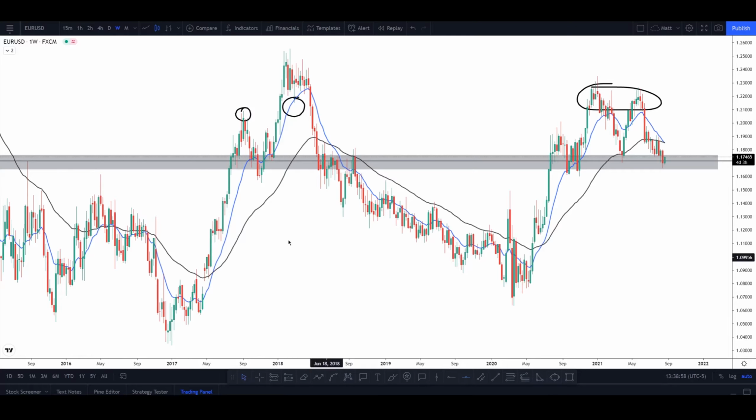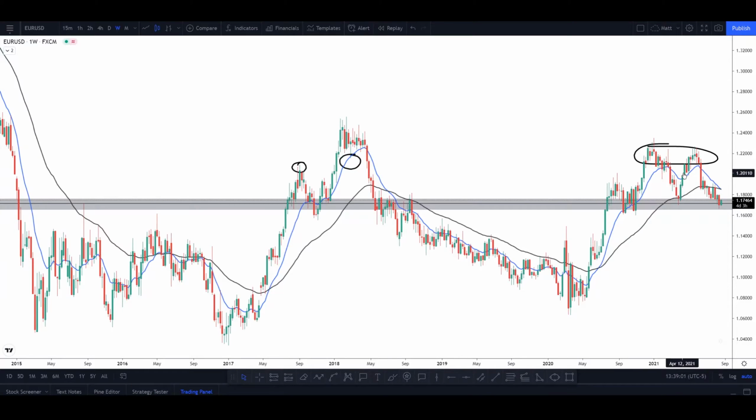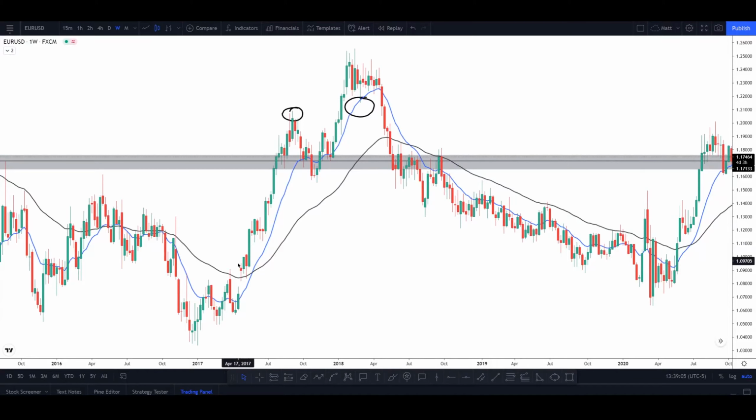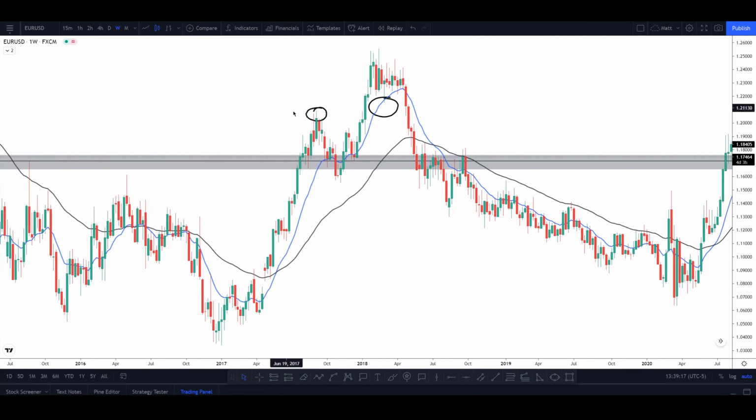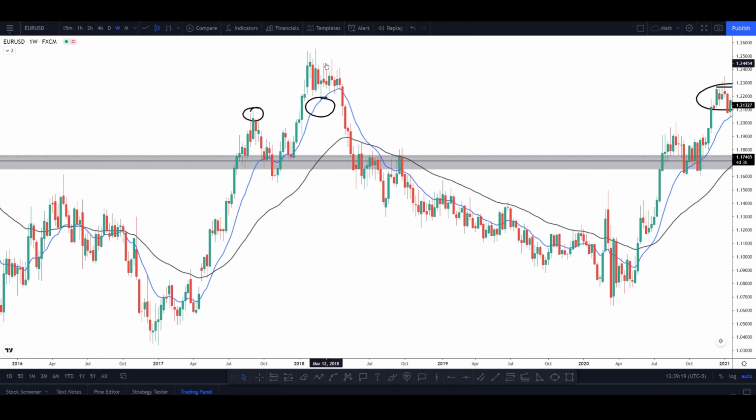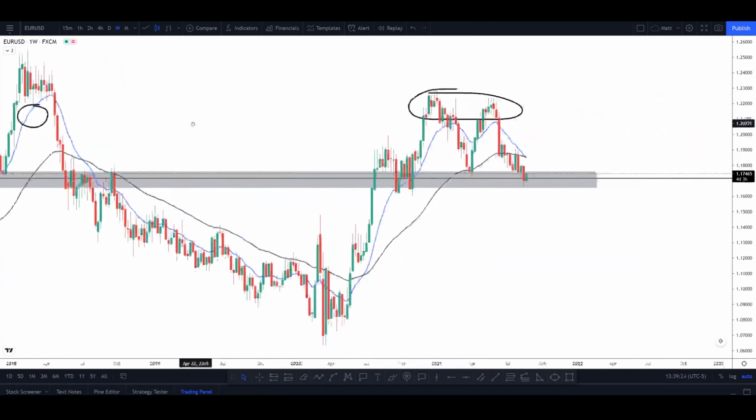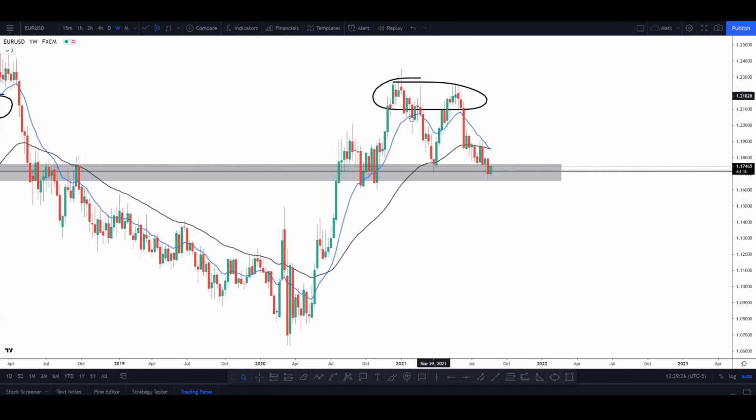So if I look at this from left to right and try to make some sense of it, I believe this does make sense: price rallied to the upside, broke through this region of past resistance that later became support, but it did reject this price range over here, and then this price range acted as support over here before we saw a big push to the downside, and then once again this acted as resistance multiple times over here.